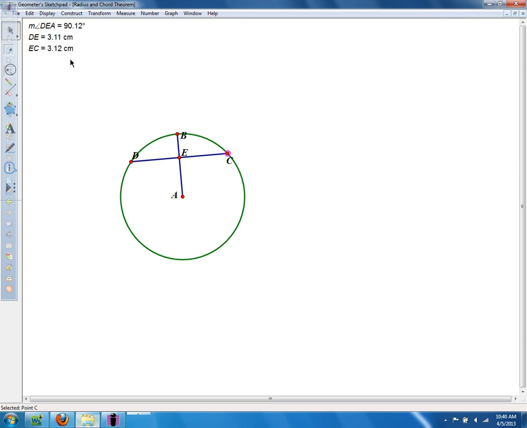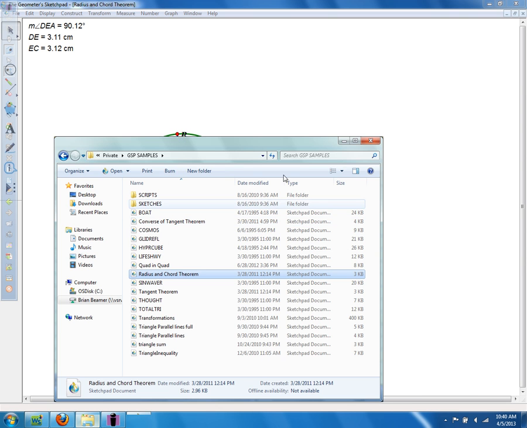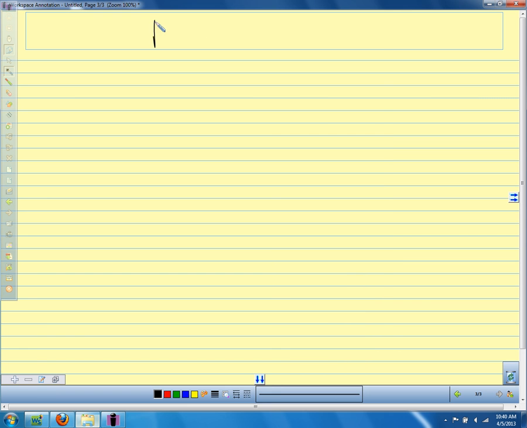So no matter what I do to the circle, if the chord and the radius meet at a 90-degree angle, the chord is going to be cut in half. So that's going to be our next theorem, and we're going to call that the radius and chord theorem.